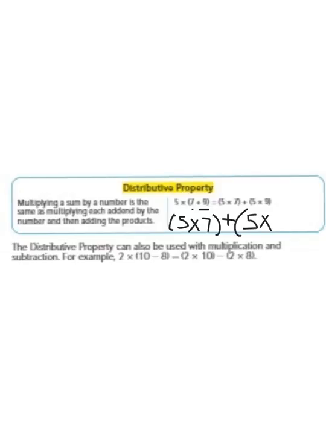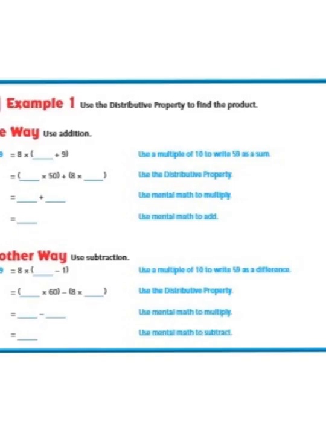5 times 9. So the distributive property can also be used with multiplication and subtraction. For example, 2 times parentheses 10 minus 8 parentheses equals 2 times 10 minus 2 times 8. Now let's look at a couple of more examples. So one way is to use addition.